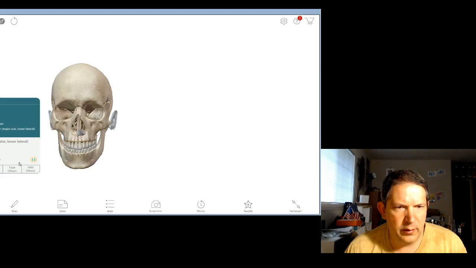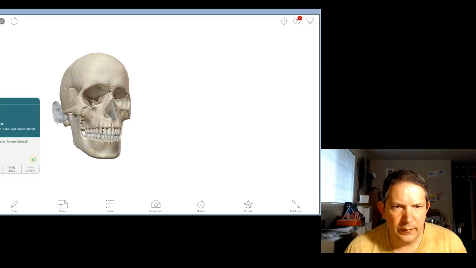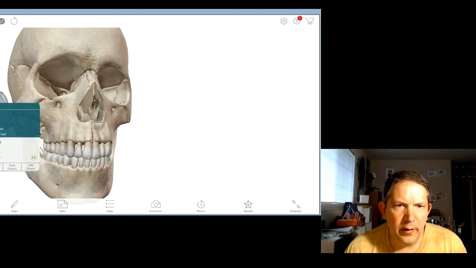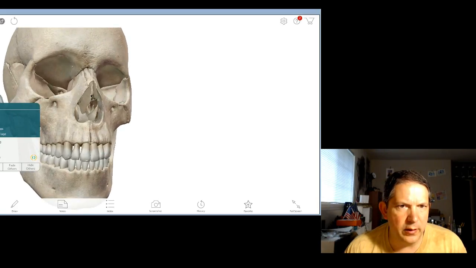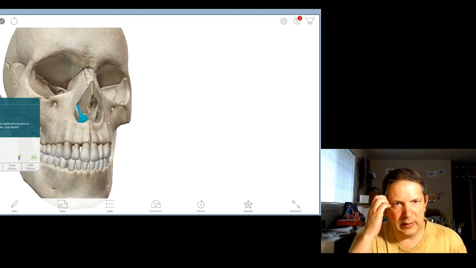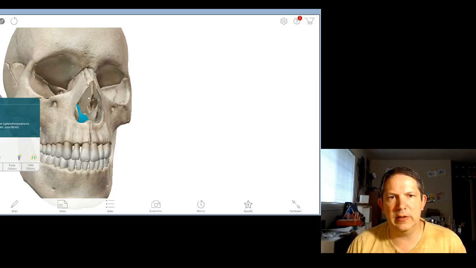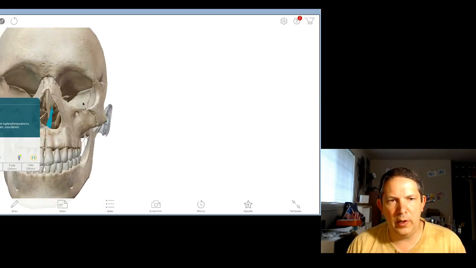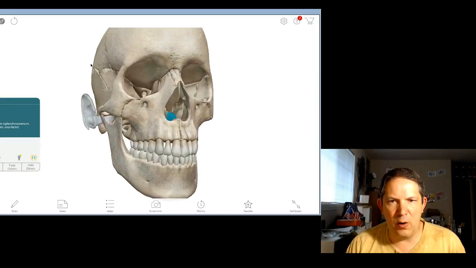Oh, and the palatine bones I didn't get, did I? So I'm hiding the septal cartilage, and now we have the ethmoid, the perpendicular plate of the ethmoid bone, and boom, there's the vomer. So you can see that it's attached to the septal cartilage and to the perpendicular plate of the ethmoid bone, and it means plow.